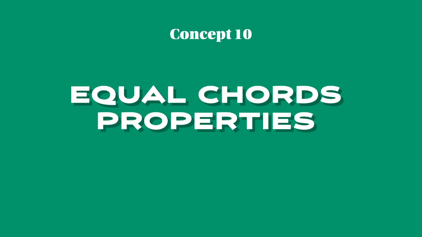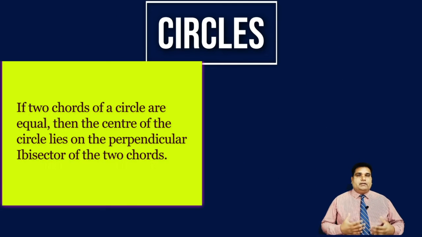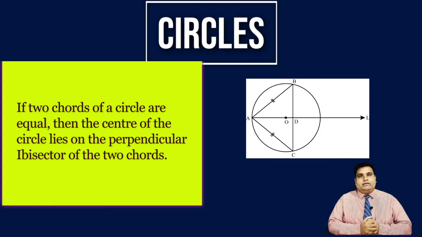Concept 10, equal chords. If two equal chords are there in a circle, they have some unique properties. We can say they have three unique properties. The first property is, if two chords of a circle are equal, then the center of the circle lies on the perpendicular bisector of the two chords.